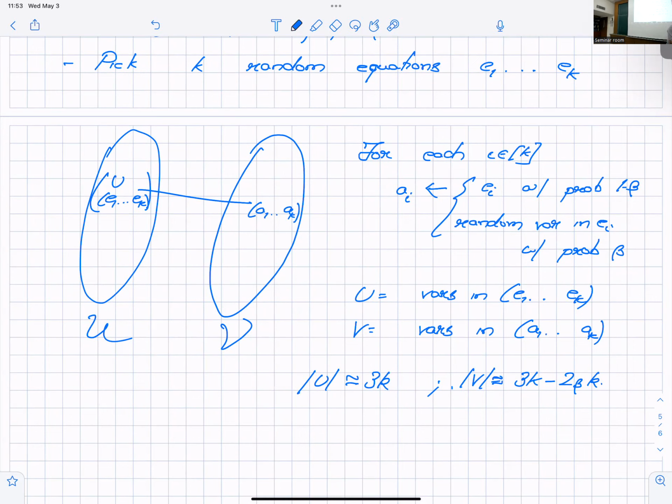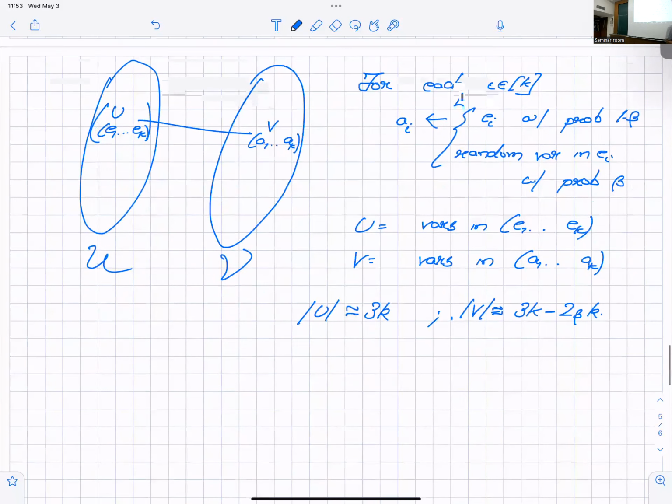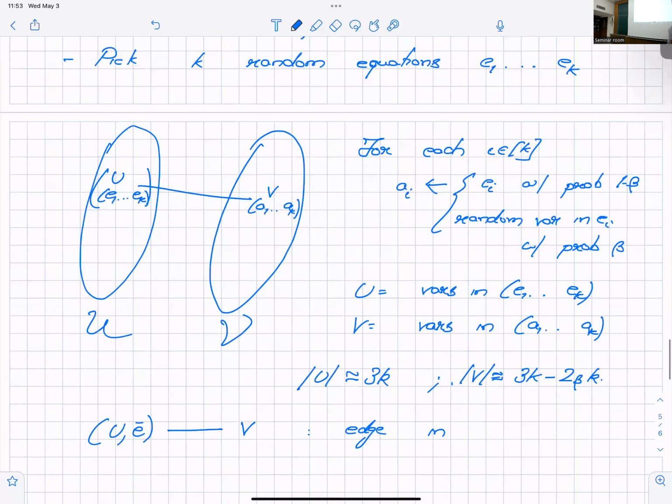Here I will just specify V. I will drop this whole thing and I'll just specify V. So in some sense, it's U, a vector of constraints, and every edge looks like this. Let's call this graph G.